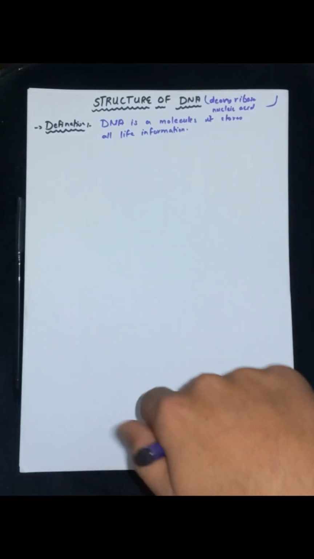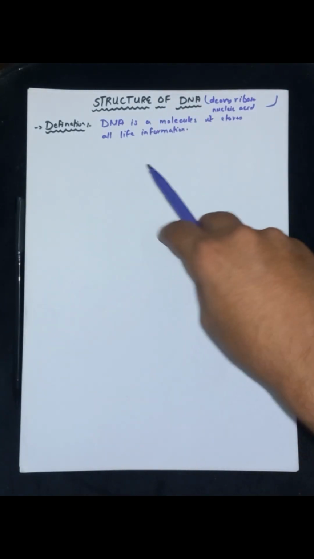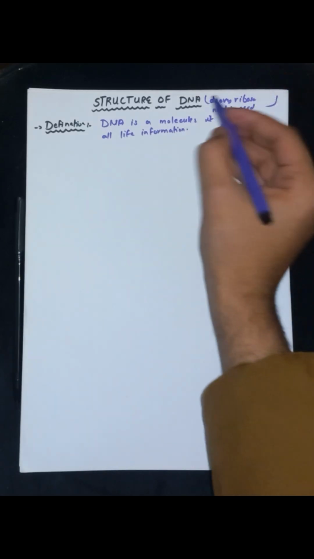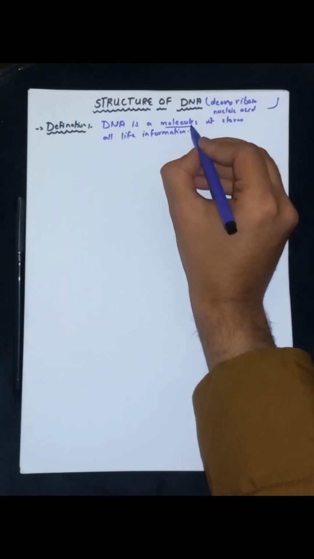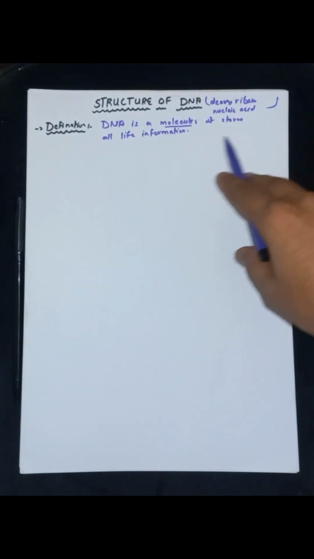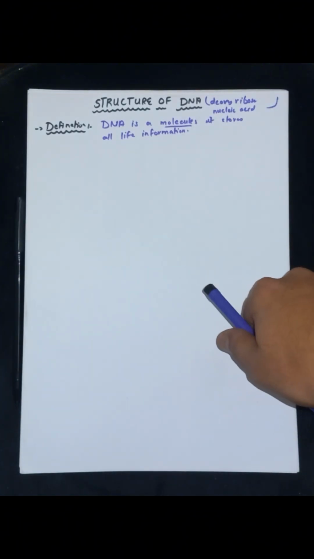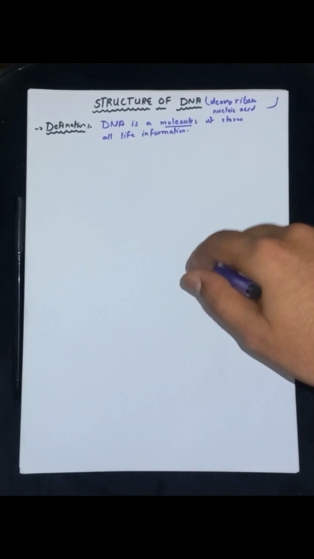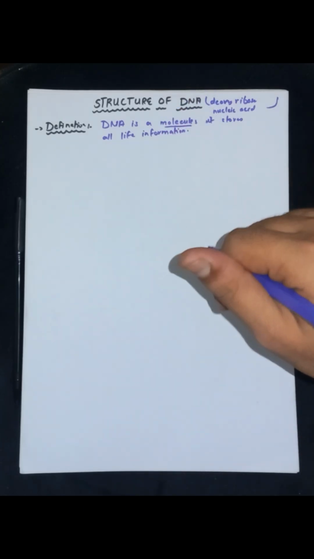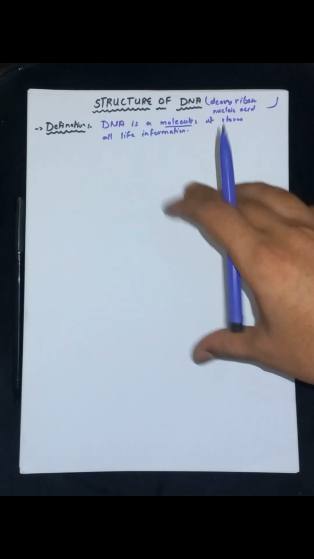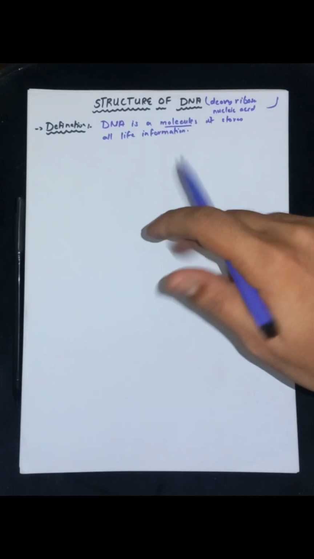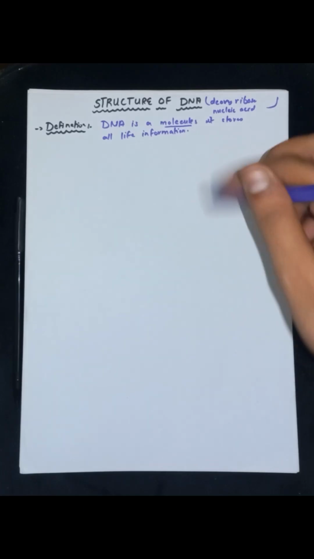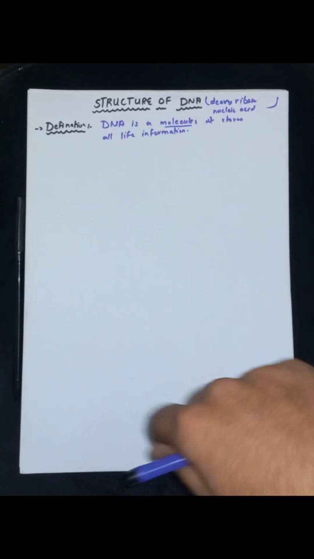So what does that actually mean? It means that DNA, first of all, is a molecule. We will discuss what kind of molecule it is as well. And it stores all life information, like the information of our life as a human being, or if it is the DNA of an animal, then the information of that animal.